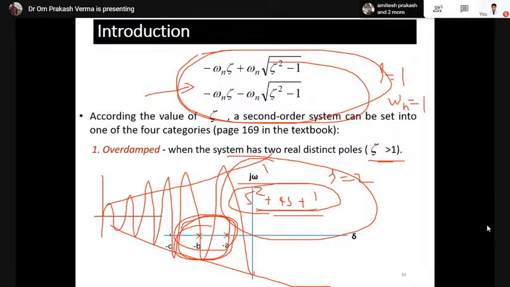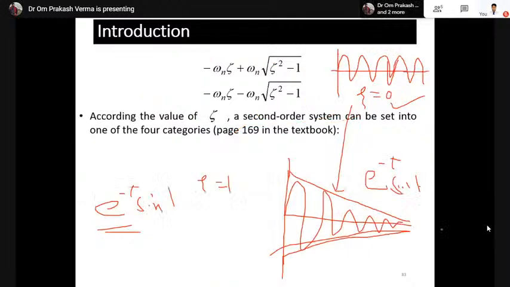Suppose we have taken omega fixed at 1 and you vary the value of zeta, then as per the respective value you can plot the poles at their location, and you can also plot the response of that system by taking the inverse of that Laplace transform.